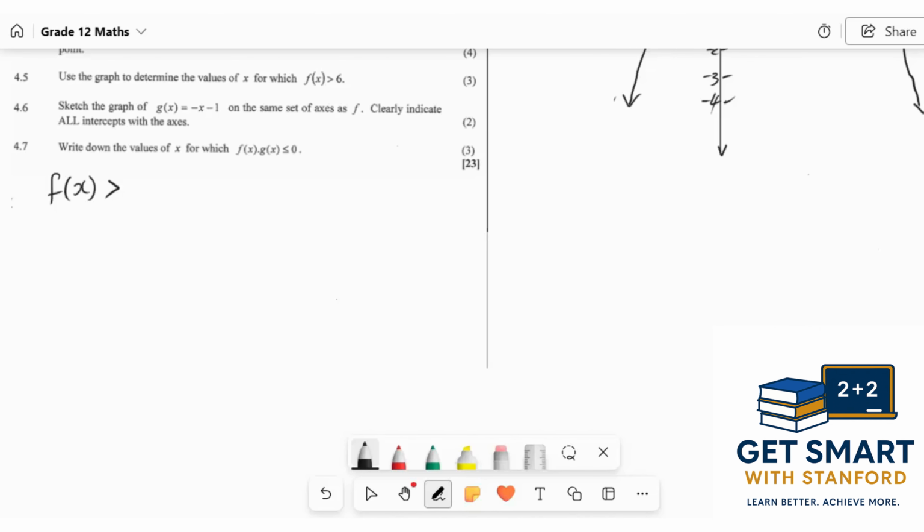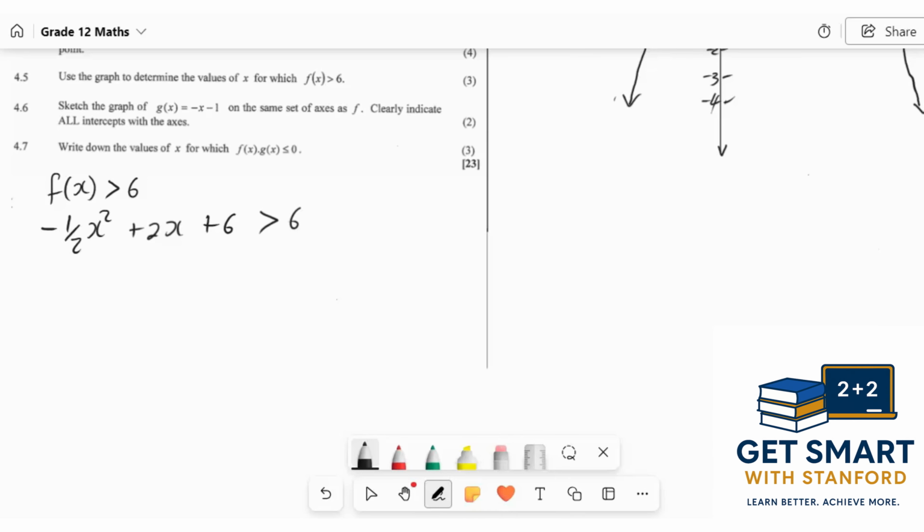is greater than 6. So what is the f of x? We know that the f of x is -1/2x squared plus 2x plus 6. And they say this is greater than 6. From here, what can we do?